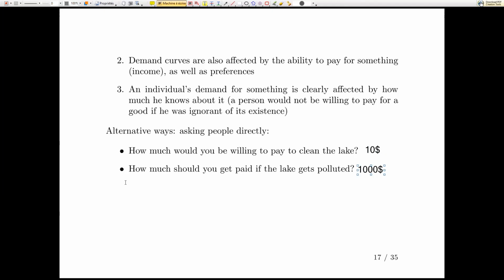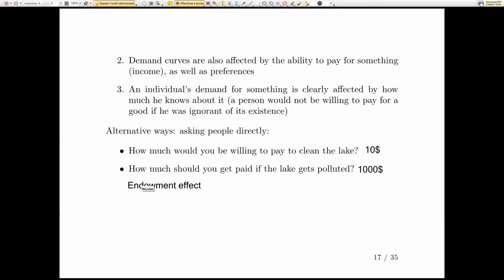And this is called the endowment effect. When you have something, getting rid of it, accepting to not have it anymore, is very painful.